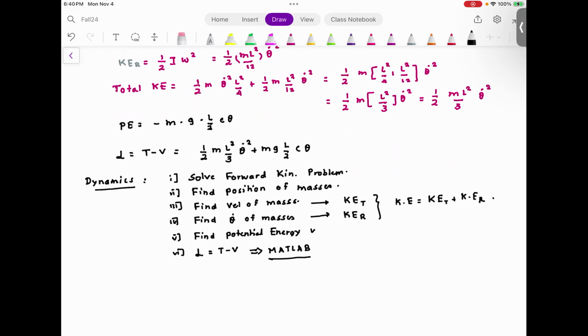So in this particular case, whenever you have the distributed mass, you can solve the forward kinematics problem, find the position of the masses, find the velocity of the masses, then find out the angular velocity of the masses, find the potential energy, and then finally find the Lagrangian.